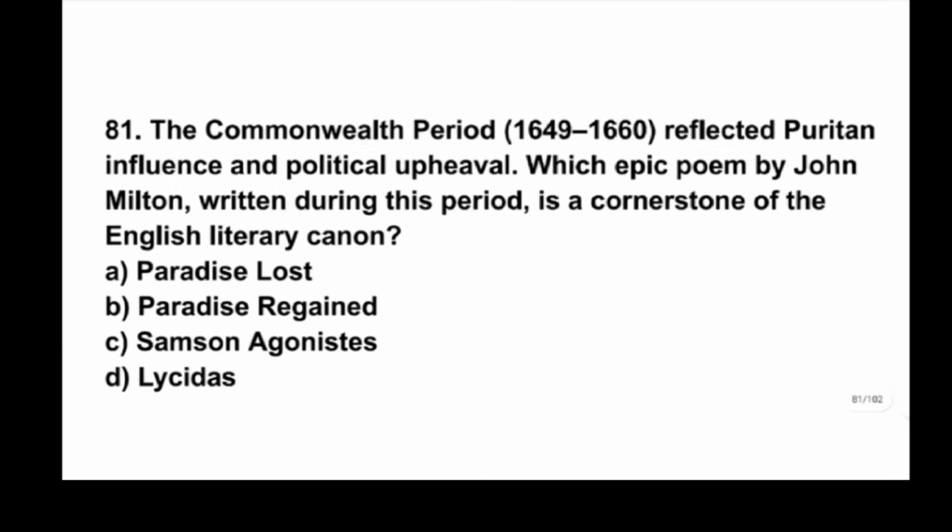The Commonwealth period, 1649 to 1660, reflected Puritan influence and political upheaval. Which epic poem by John Milton, written during this period, is a cornerstone of the English literary canon?